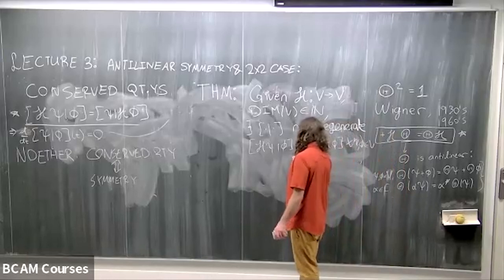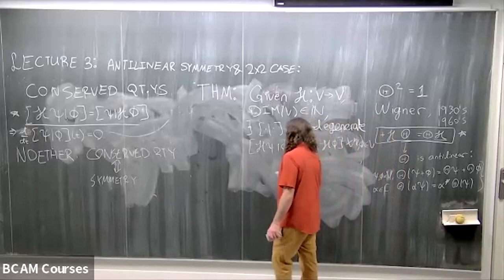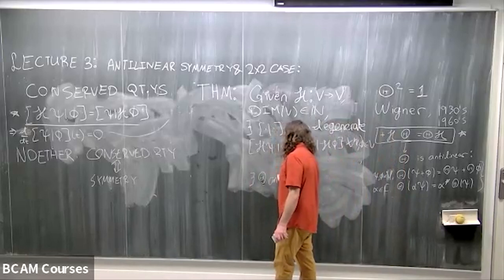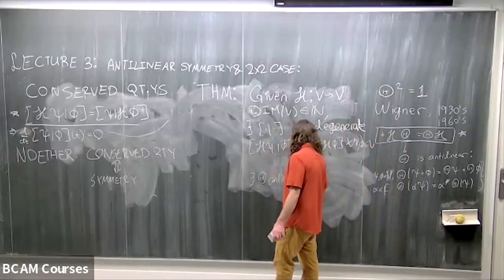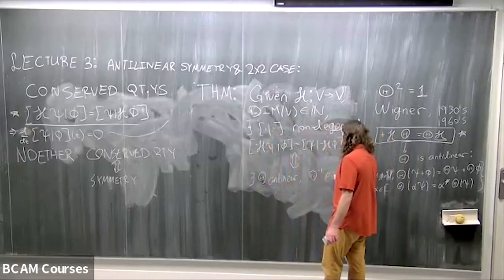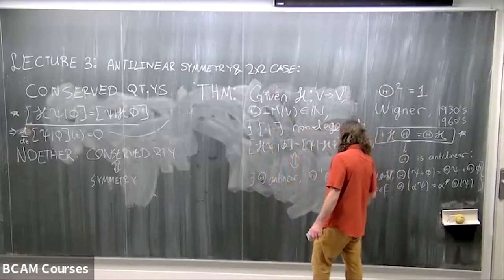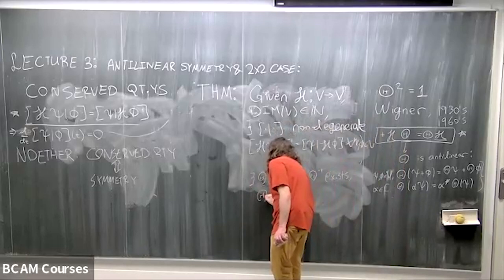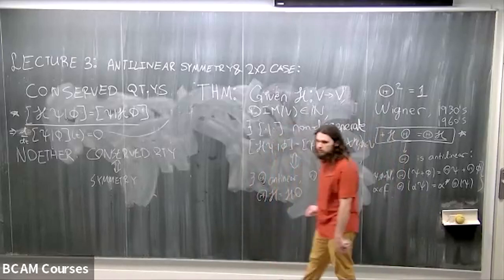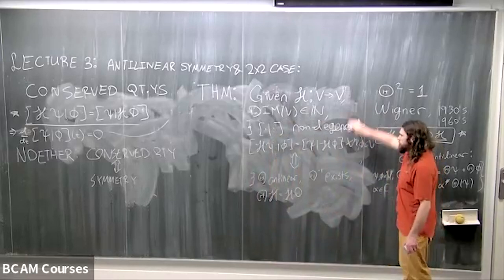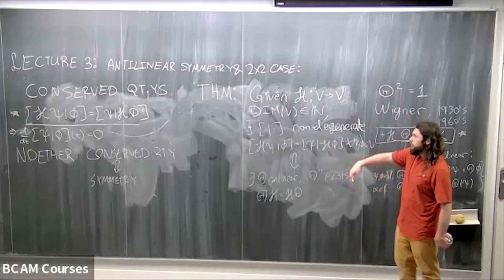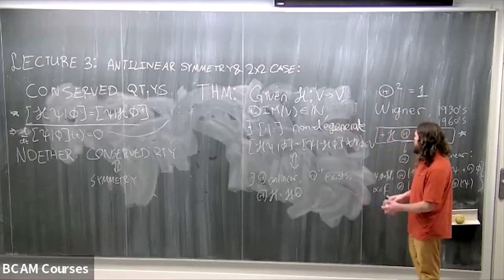So this thing exists if and only if there exists an anti-linear symmetry. So by an anti-linear symmetry, we mean something where the inverse exists and that commutes with this operator H. So this is sort of a more precise statement of this correspondence between conserved quantities and symmetries.